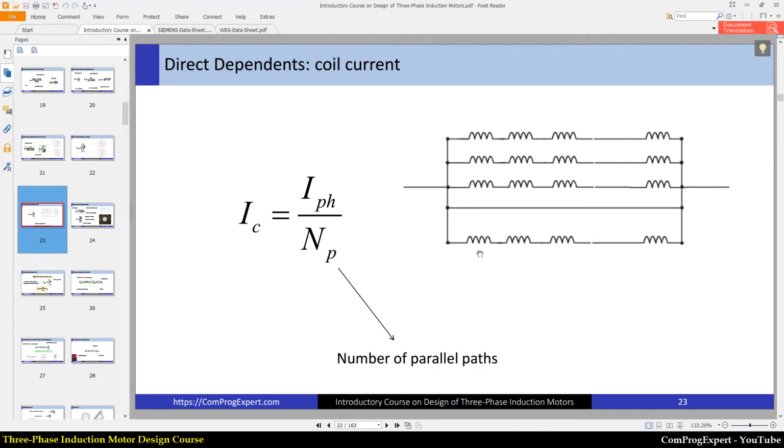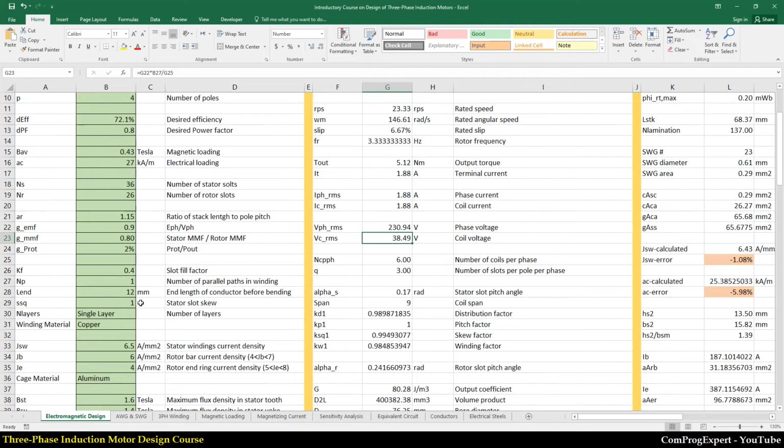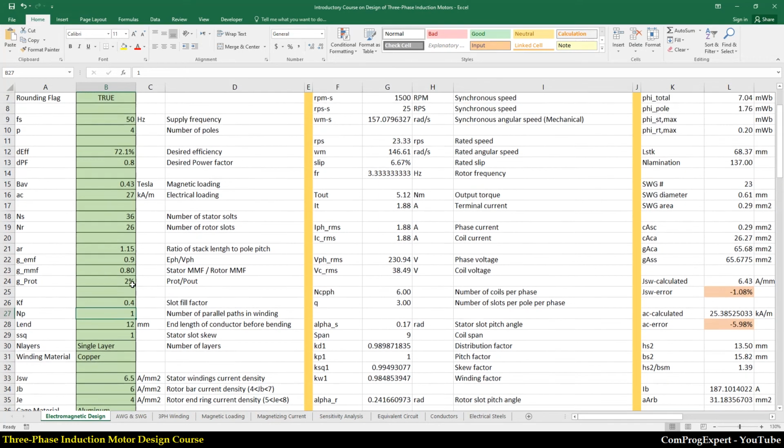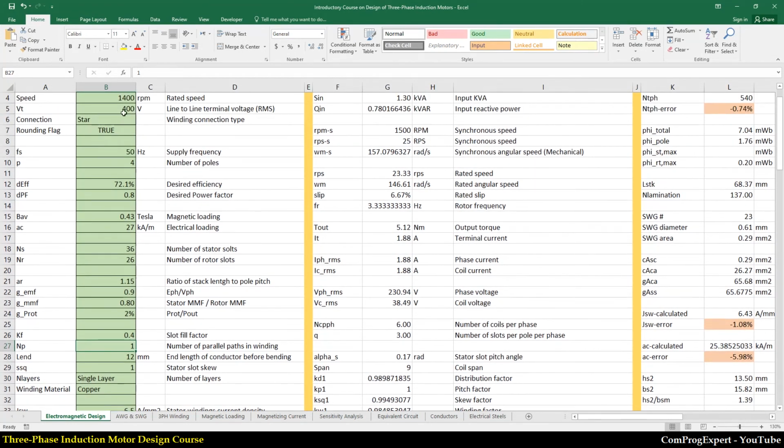for the winding. Here you can see parameters related to the stator winding, like slot fill factor, number of parallel paths, and so on. Here, the number of parallel paths is equal to 1 because the terminal voltage is high and the terminal current is low, and we will not have an issue with the wire size.